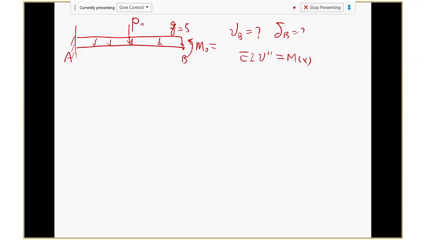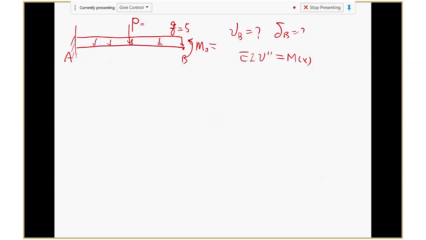For the distributed load, they give you lots of information here: the solution for the deflection v, also v prime, the angle, as well as the deflection at point B and the angle at point B. Which one would you use for this question?